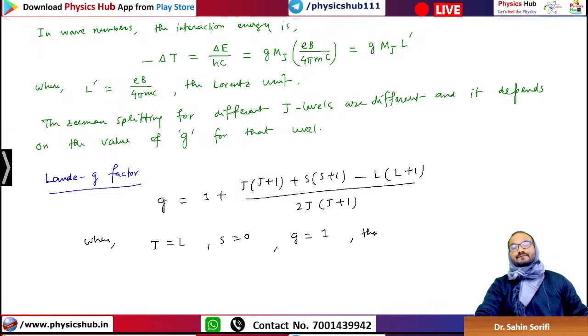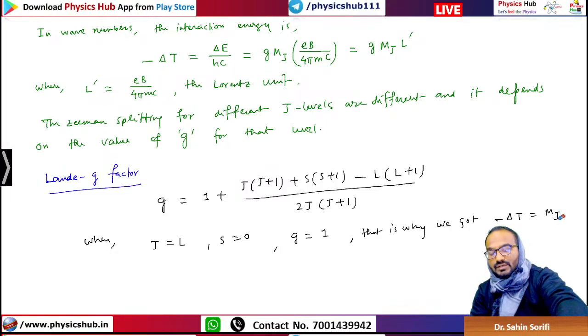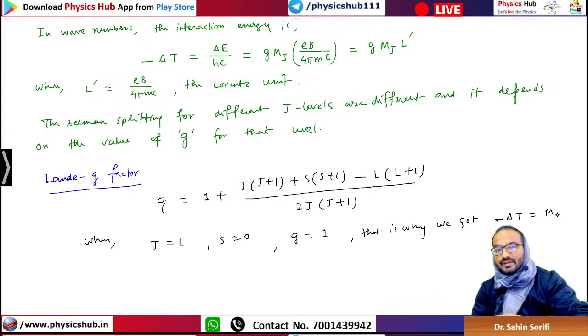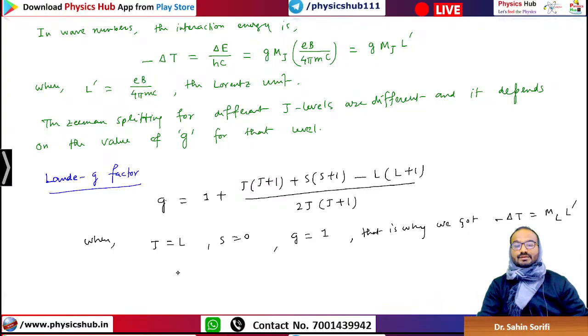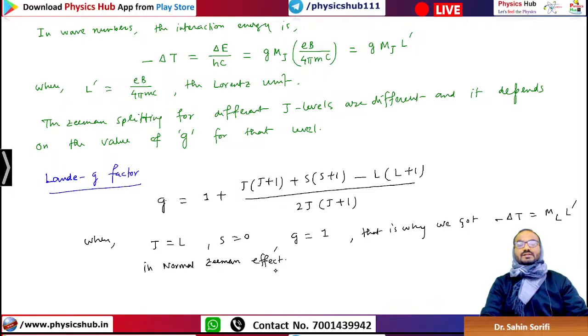That is why we got this minus delta T is equal to mL times L prime in the normal Zeeman effect. Here we do not write J, we write L. So we can say in one way that the normal Zeeman effect is a special case of the anomalous Zeeman effect.